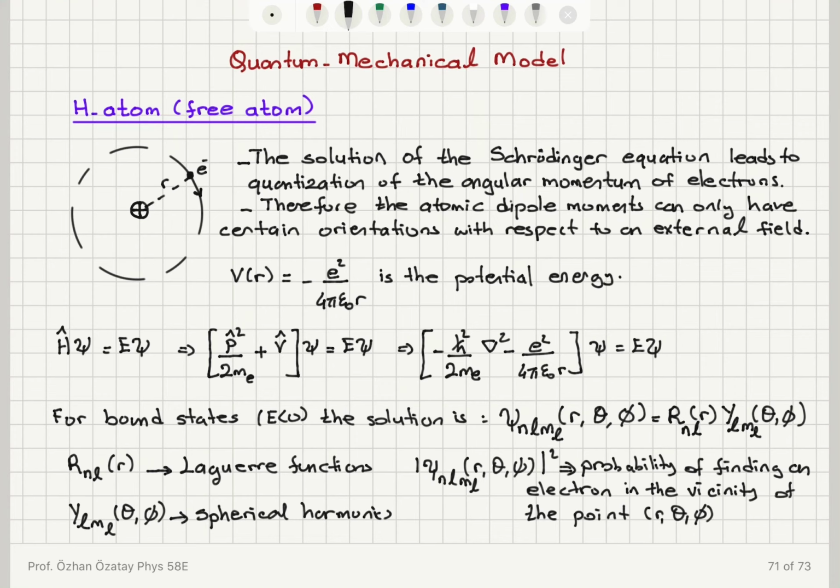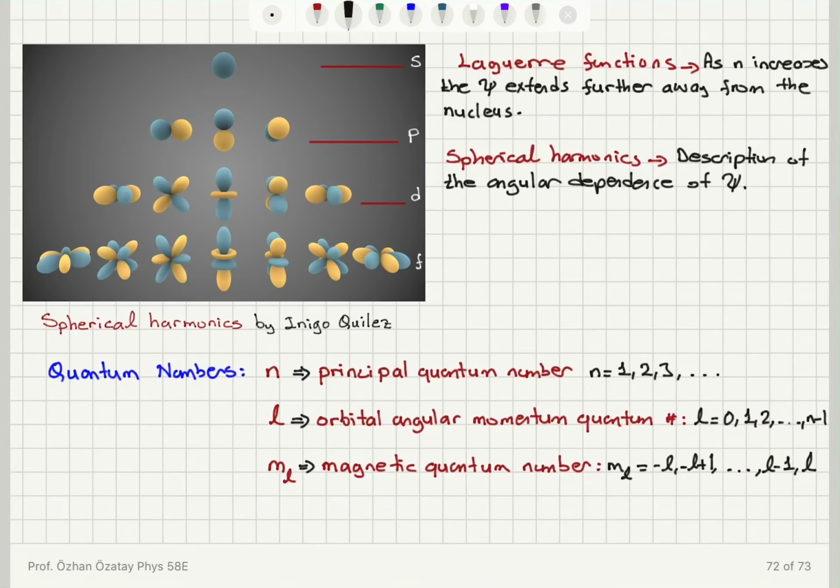And the spherical harmonics give us the quantum numbers L and M sub L, the angular momentum quantum number, and the magnetic quantum number. The amplitude of the wave function squared gives us the probability of finding an electron in the vicinity of the point r, theta, and phi, in an infinitesimal region around this point.